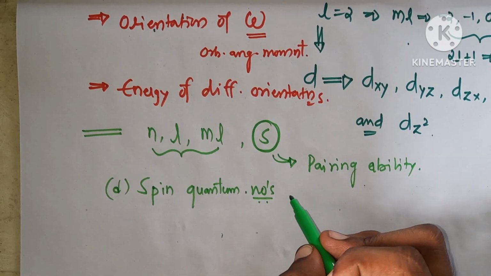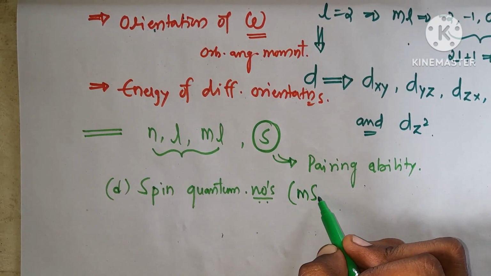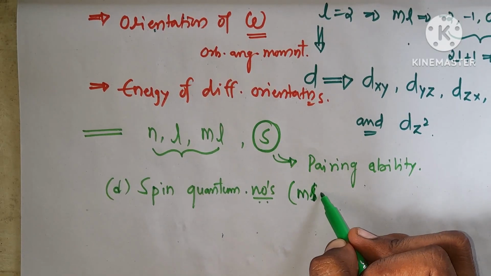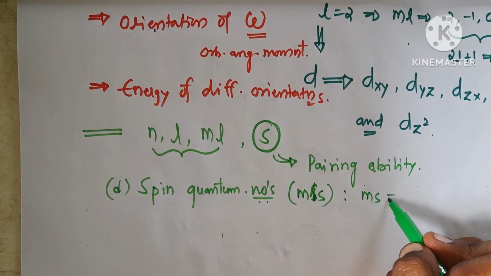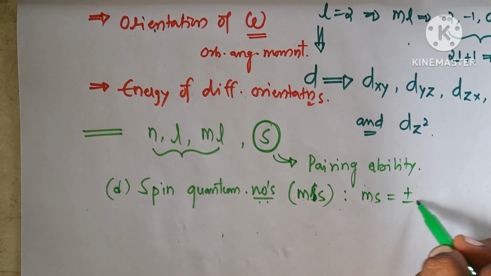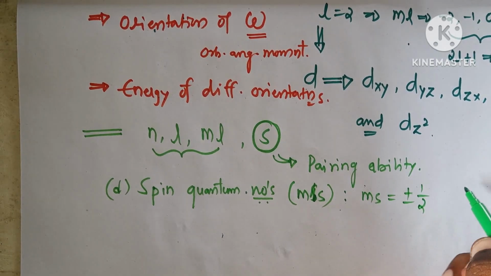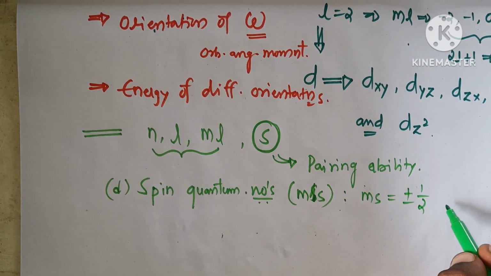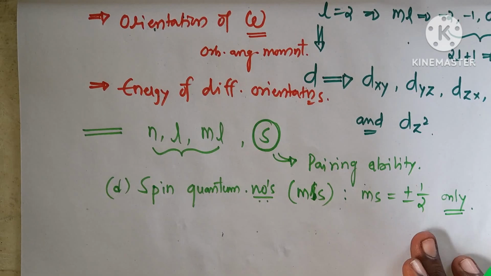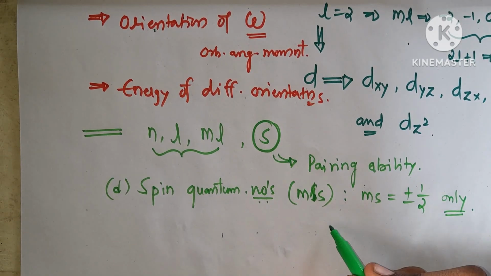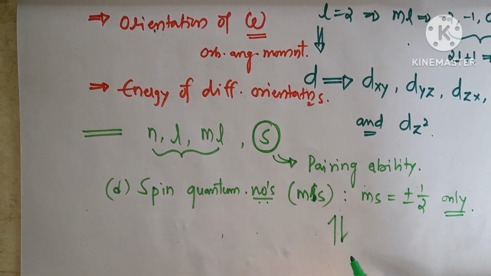The spin quantum number is denoted by ms. Sorry, it should not be capital, ms. And here ms is plus or minus 1 by 2 only, because for all electrons the value of spin will be plus or minus 1 by 2.